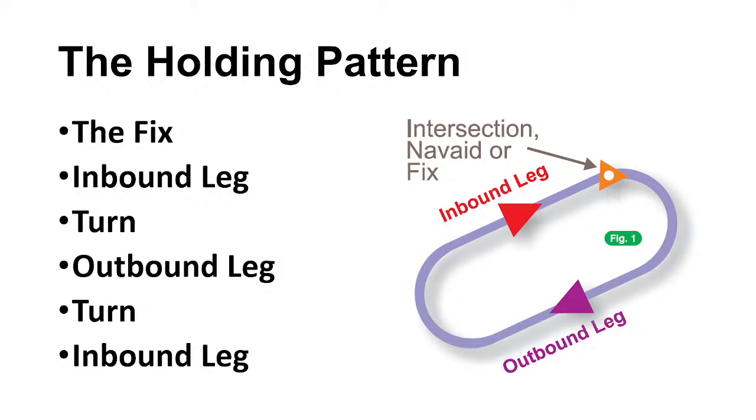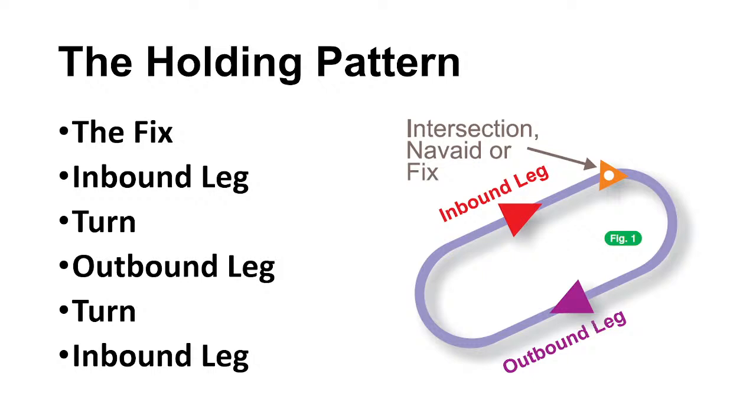So I'll do a super simple one here. If we're going to hold on this 090 radial from the VOR, what direction are we going to be flying if we hold on the VOR? If we're going to have this be our fix, we're going to be flying a heading of 270 because we're going to hold on the 090 radial.